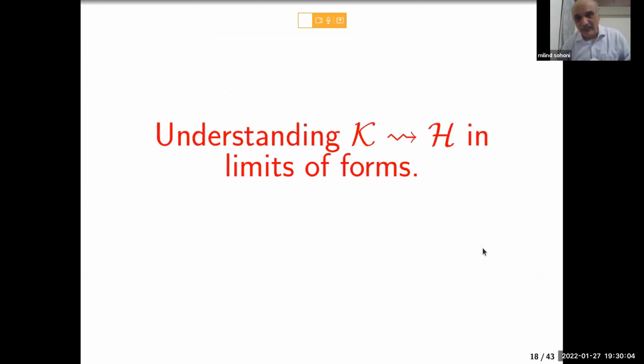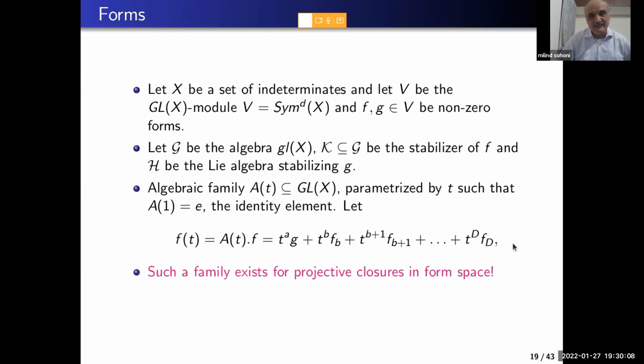So let us just apply this to form space. What we have is forms. We have a form F and a one parameter family AT, which is acting on this form, and it decomposes this into its power sum, where G is the leading term.